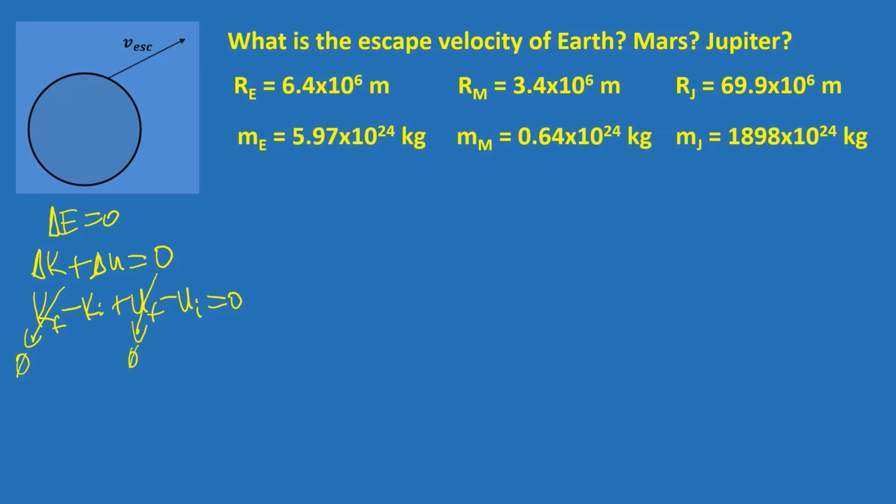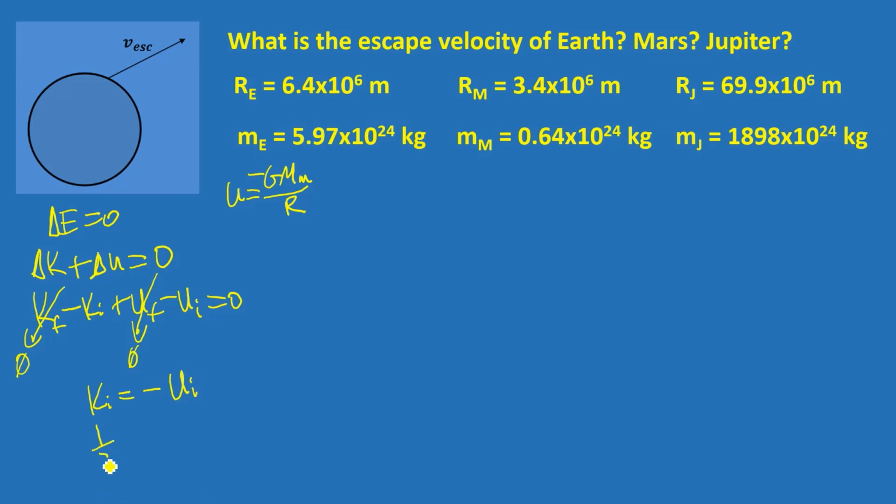from the planet. And so my final will be zero because I know that my U is equal to negative G M m over R. All right, so let's do this. We know those two are 0. And so we know that our K initial will be equal to negative U initial.